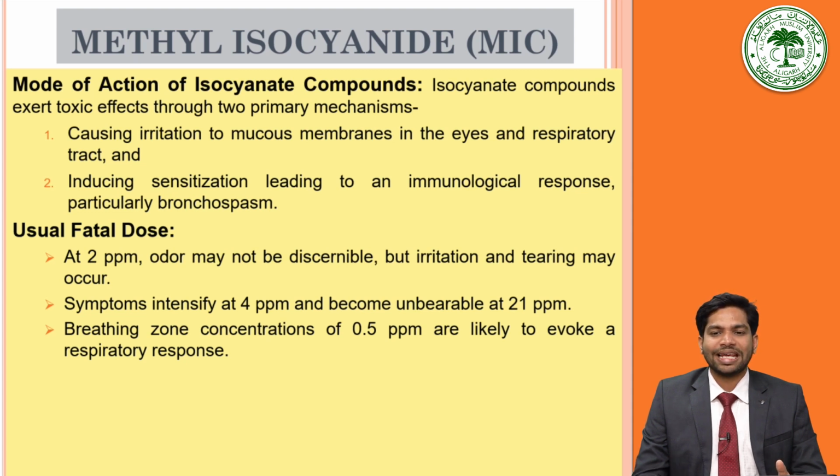The usual fatal dose in methyl isocyanide poisoning is more than 20 ppm. At 2 ppm, odor may not be discernible, but irritation and tearing may occur. Symptoms intensify at 4 ppm and become unbearable at 21 ppm.